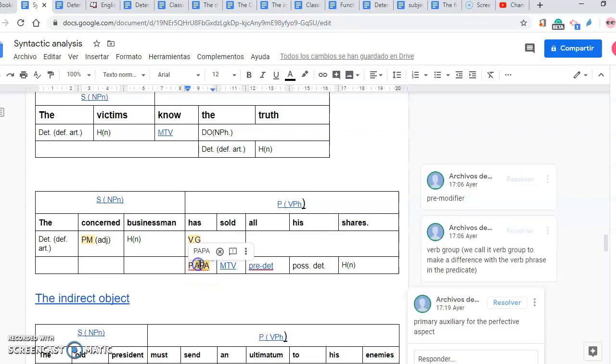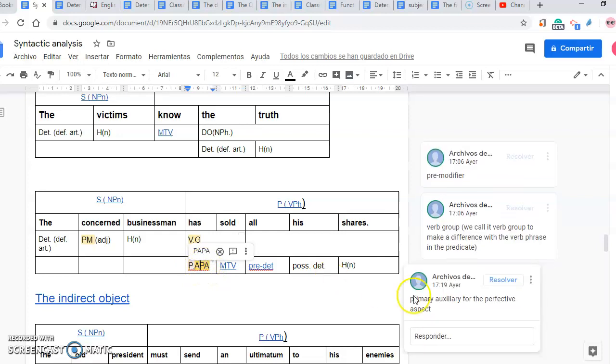Has. What is has? It is a primary auxiliary. Remember that in the other lesson I told you what a primary auxiliary is. An auxiliary that helps you form tenses of the verbs and also voice, passive voice or active voice. So has sold, this is helping us form the perfect tense.